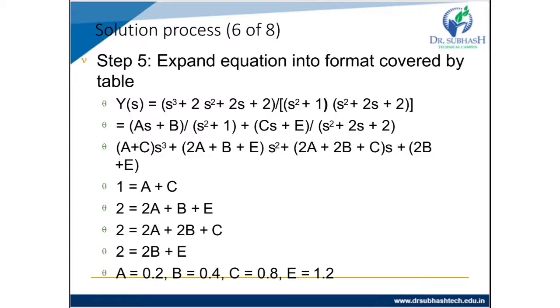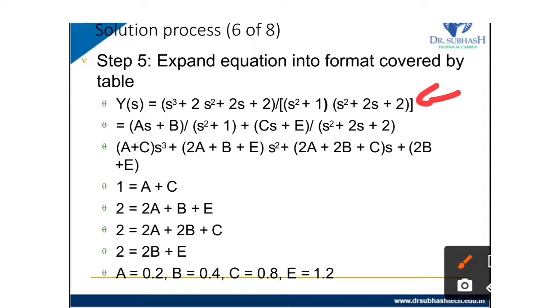So step 5, expand the equation into a format covered by the table. So Y(s) we already know. After that, for s square plus 1 we will put As plus B, and for s square plus 2s plus 2 we will put Cs plus E. So it is (As plus B) divided by (s square plus 1) and (Cs plus E) divided by (s square plus 2s plus 2).